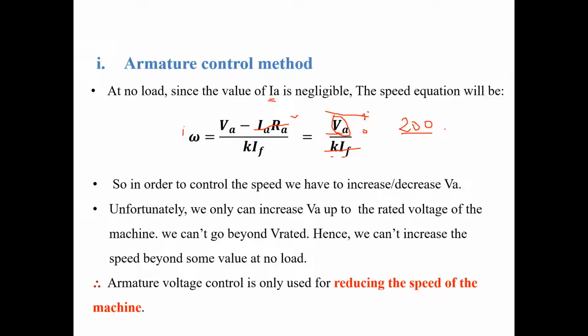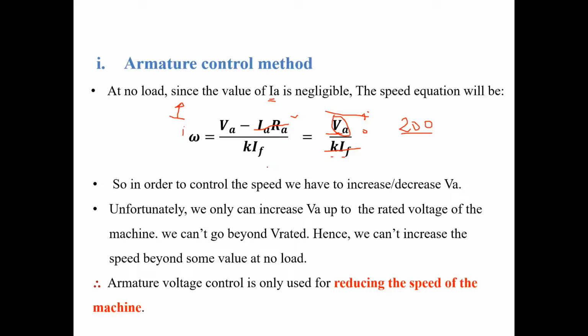That means we can increase the speed only up to some level. So usually the armature control method is used to decrease the speed of the machine, not to increase it, because it is impossible to increase beyond some speed level.